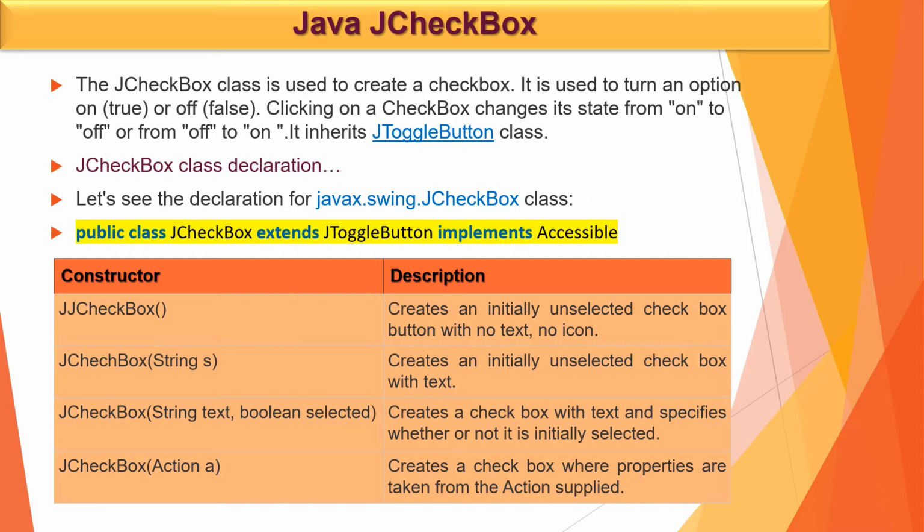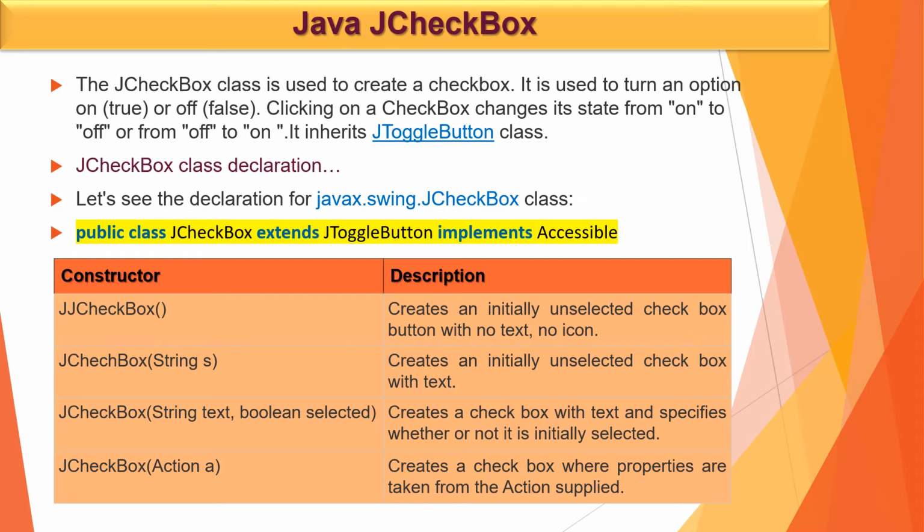The second is JCheckbox(String s). This will create an initially unselected checkbox with text. The string s in this constructor is a parameter.